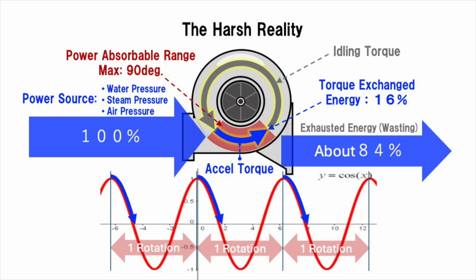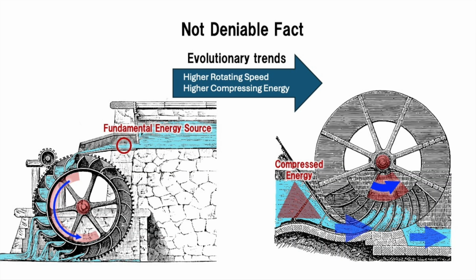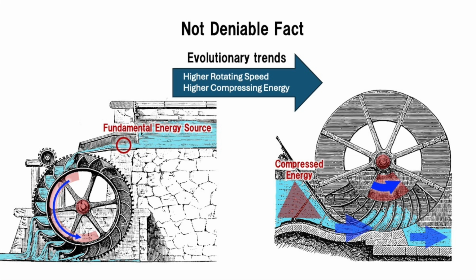This is because the high compressed pressure will contribute to a slowdown in the turbine itself. Unless the torque energy is instantly absorbed and immediately released, the basic structure of a high-speed turbine system has not changed at all from the water wheel turbine systems that have been around for thousands of years.